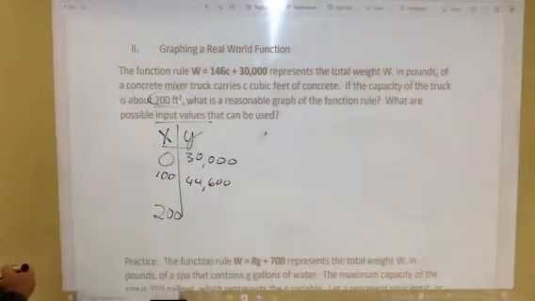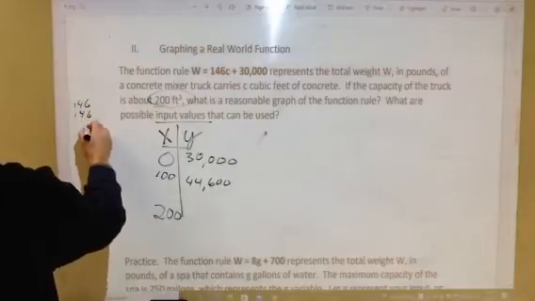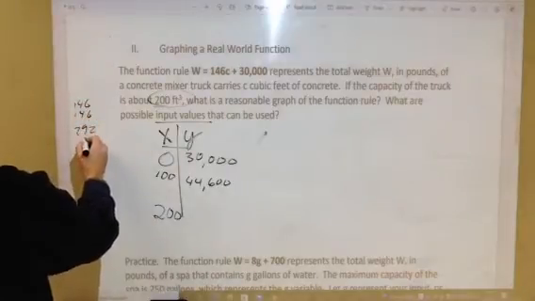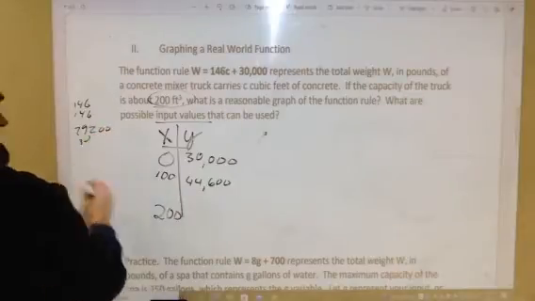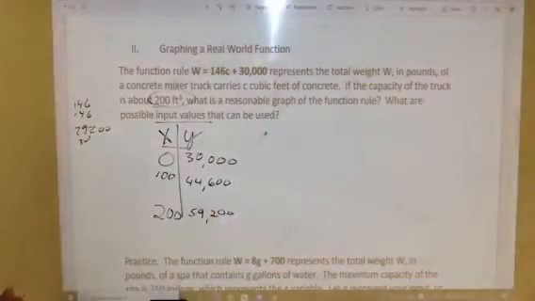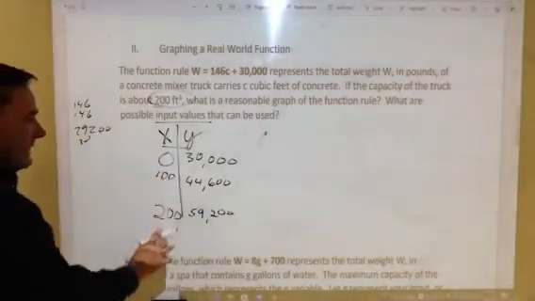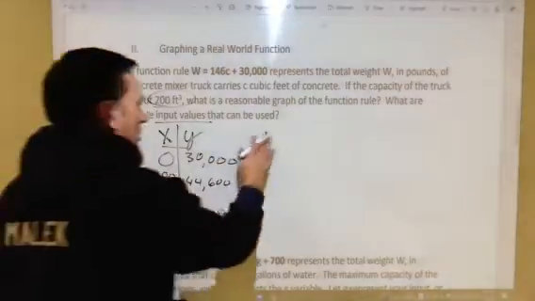If we put 200 in there, it comes out to 59,200. We could put any other number in there to show what our graph is going to look like.